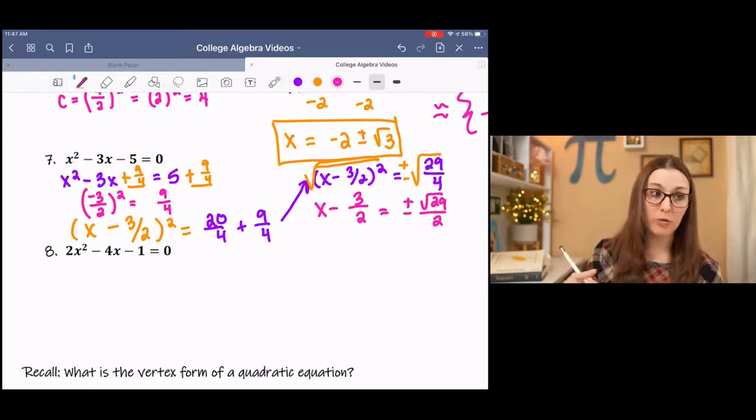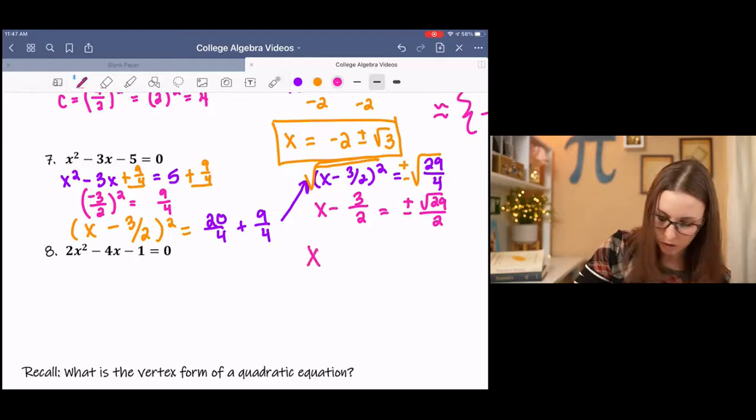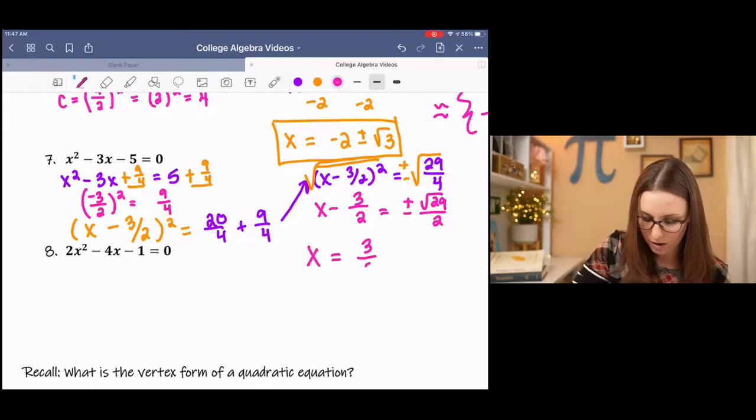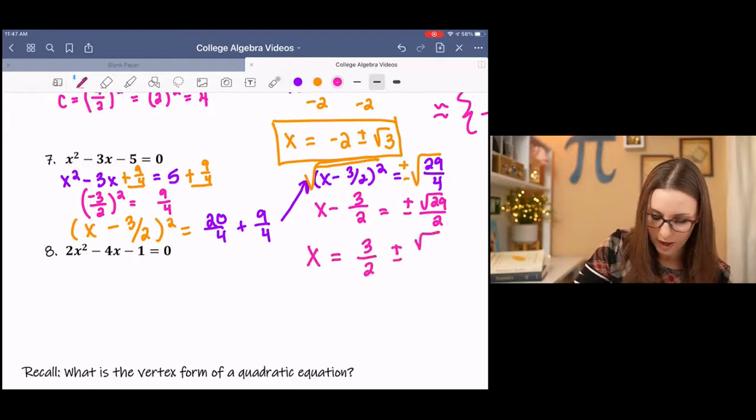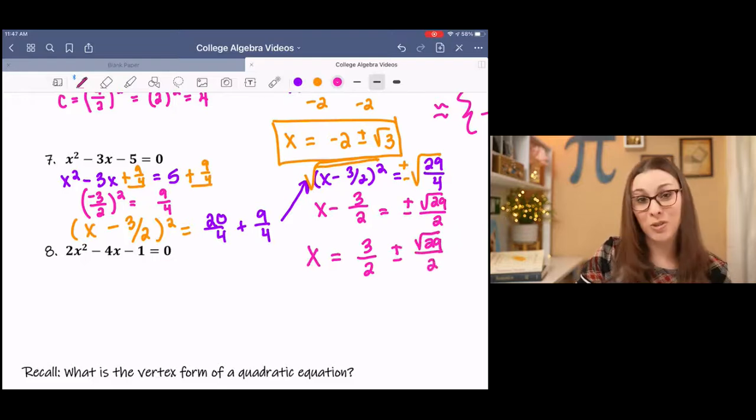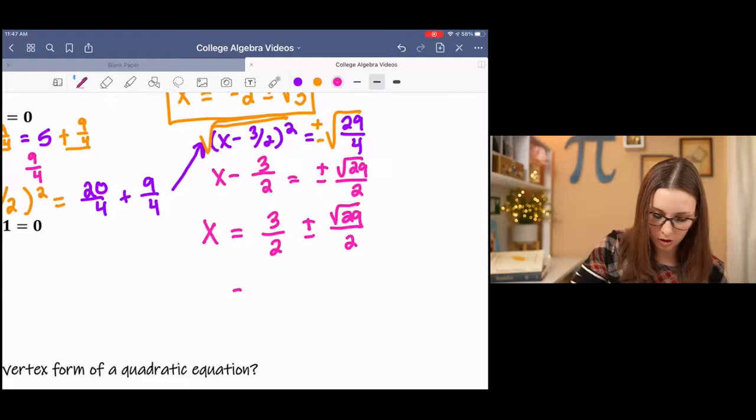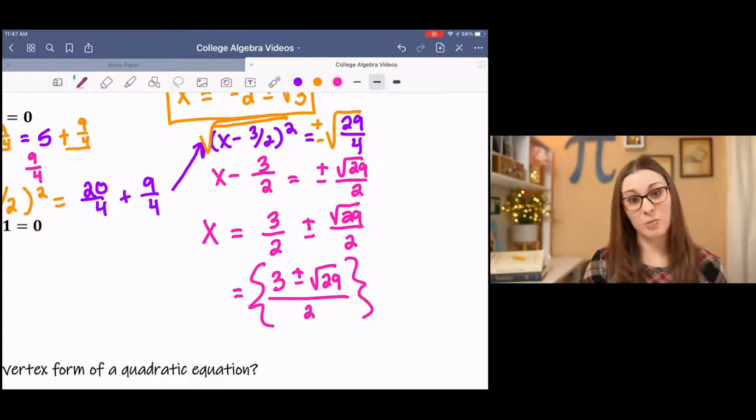And then when I move 3/2 over, I'm going to add it. Now I have a common denominator, which is really nice because I'm going to consolidate my answer with 3 plus or minus square root 29 all over 2. And that's my solution.